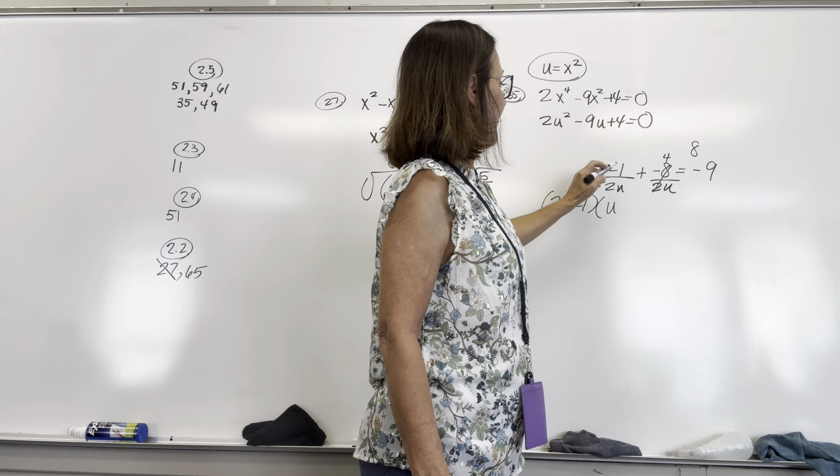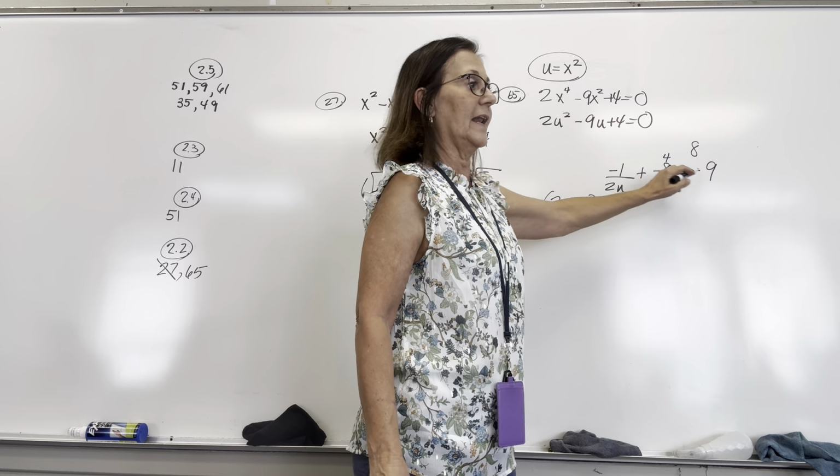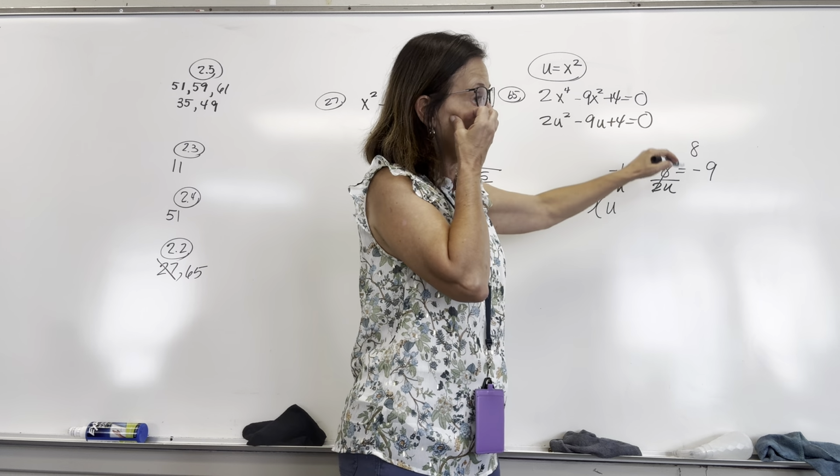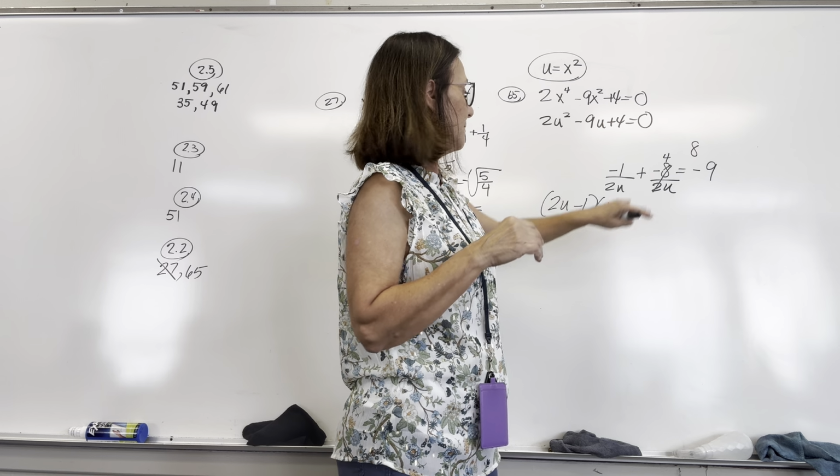If I multiply negative 1 times negative 8, I get positive 8. If I add negative 1 and negative 8, I get negative 9. But remember, this is the little trick. We then put it over the 2 under the first term and simplify. So that's 2u minus 1 times u minus 4.